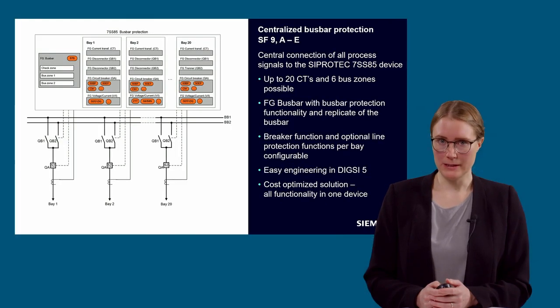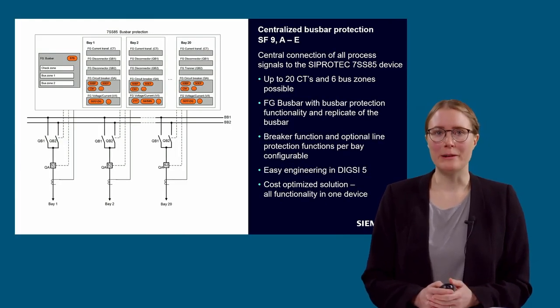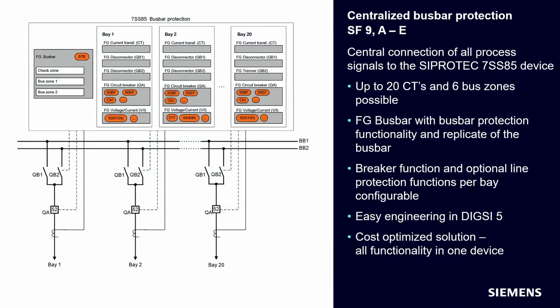For each bay, there's a bay including all the elements that are physically actually there. So there are in this case a function group current transformer, 2 function group disconnector, a function group circuit breaker, and a function group voltage current 3-phase if additional backup protection functions are required.